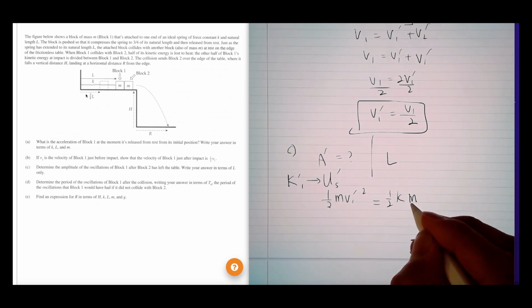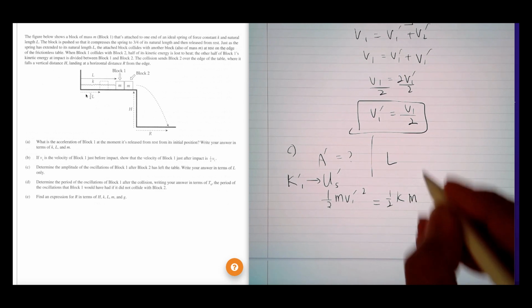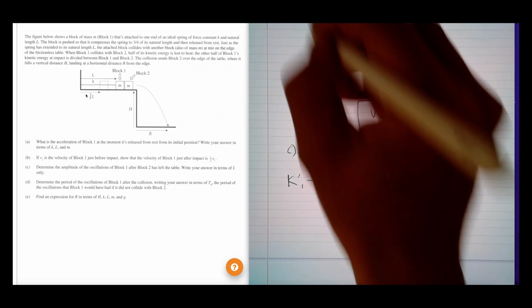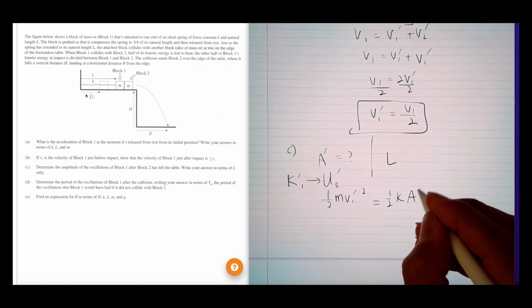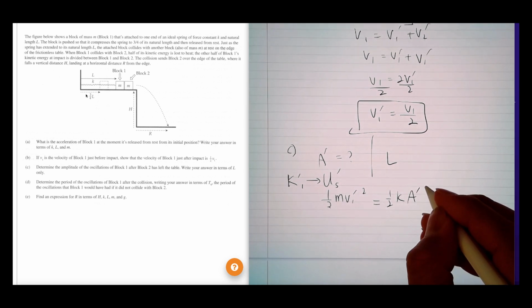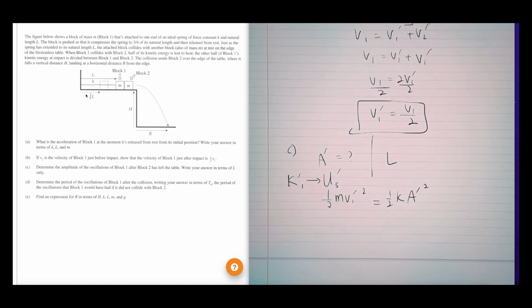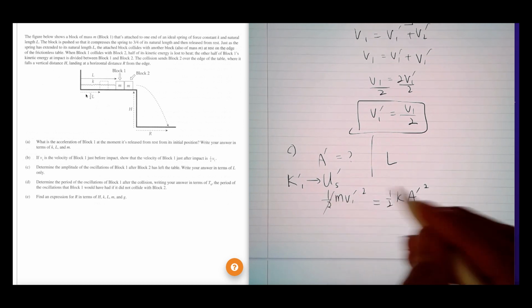So 1/2 k, I'm sorry, whoops, not m, A, the new amplitude squared. We cancel that out.